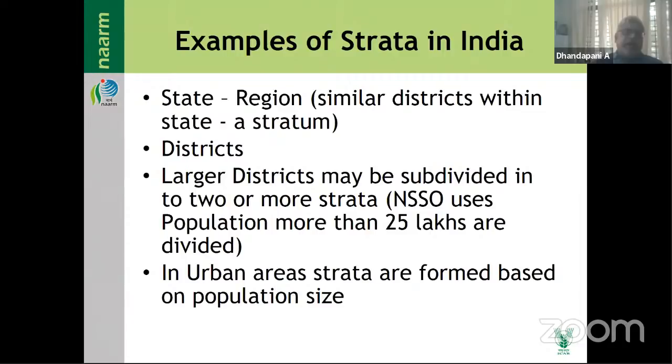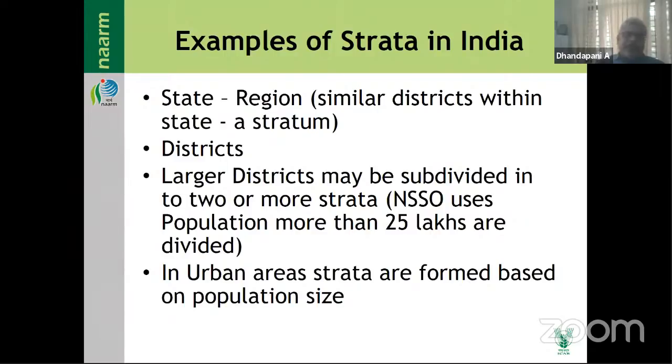For example, earlier Andhra Pradesh had 3 different regions: Telangana, Rayalaseema, and Coastal Andhra. Many states have these. In UP, you have Bundelkhand and so on, so you can divide it into Western UP, Bundelkhand, Eastern UP, something like that. The idea is that within a region the districts will be somewhat similar, as compared to considering the entire state as a single unit.